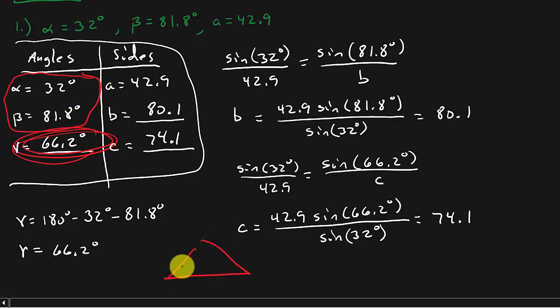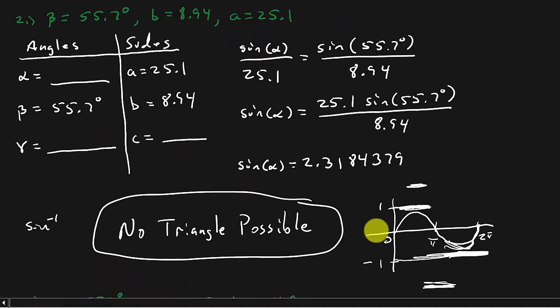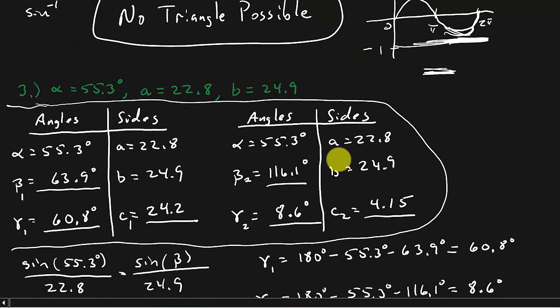See, if they give you the angle 32, and I'm just going to put 81, this can't be anything but that. Can't be anything but 66.2 because these angles here are set. And then, of course, this one, well, what else was I going to do? There's no triangle. There's nothing else you can look at.